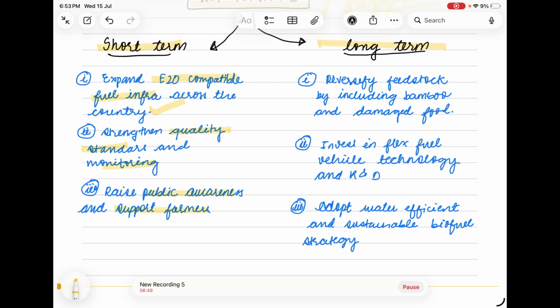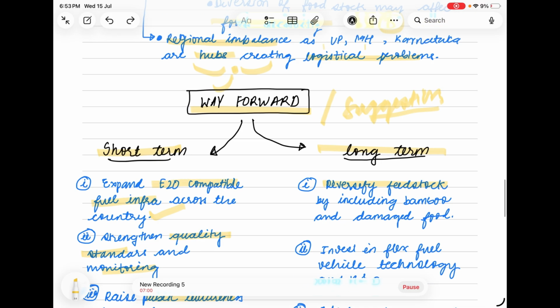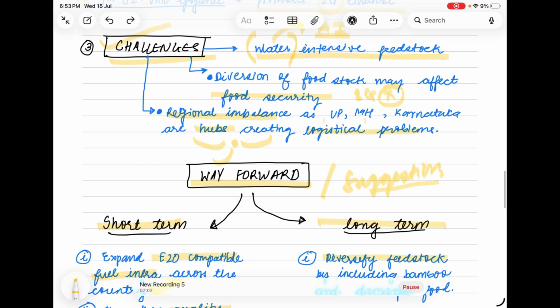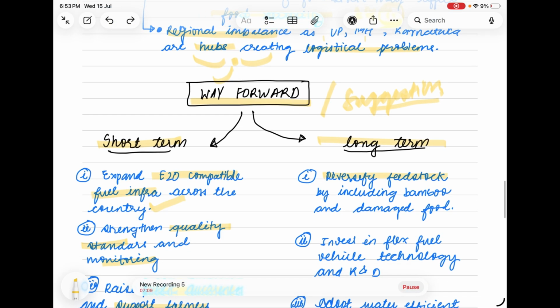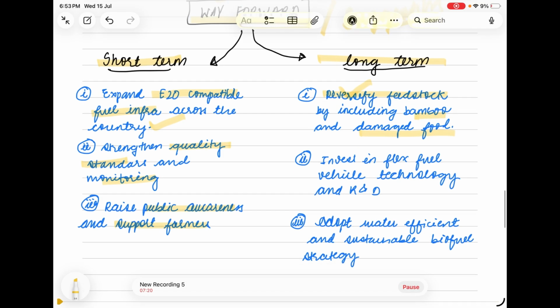Supplying from these hubs to various parts of the country creates logistical problems. Since we have talked about challenges, it is our duty to look for the way forward and suggestions, from the lens of short term and long term. In the short term, we should expand E20 fuel compatible infrastructure across the country. We should strengthen quality standards and monitoring.